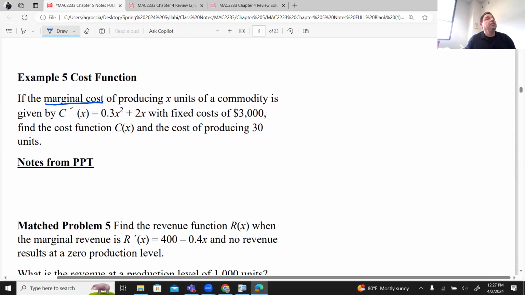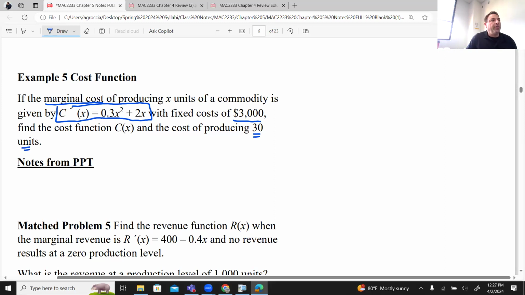It's the derivative of cost. So you're not given cost. You're given marginal cost. So marginal cost is 0.3x squared plus 2x. And you're told that the fixed costs are $3,000, then find the cost function to produce 30 units.